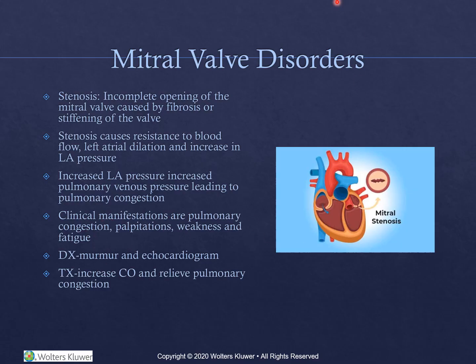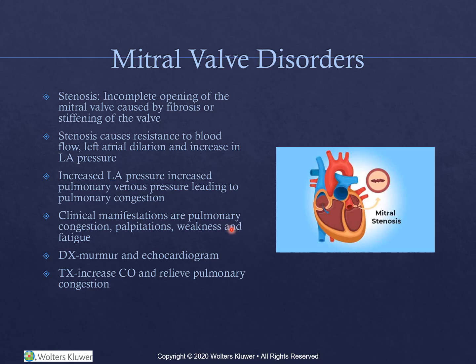So as the left atrium dilates, it leads to things like premature atrial beats, atrial tachycardias, and atrial fibrillation. These are usually caused by the remodeling of the left atrium itself, leading to changes in the electrical conduction that happens there. So again, that distension of the left atrium.